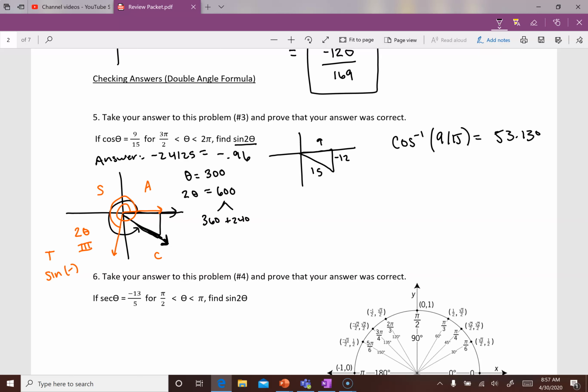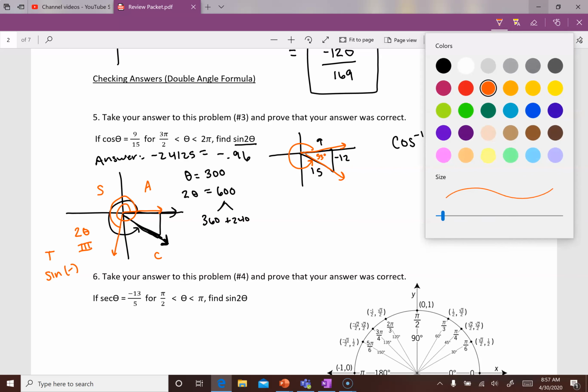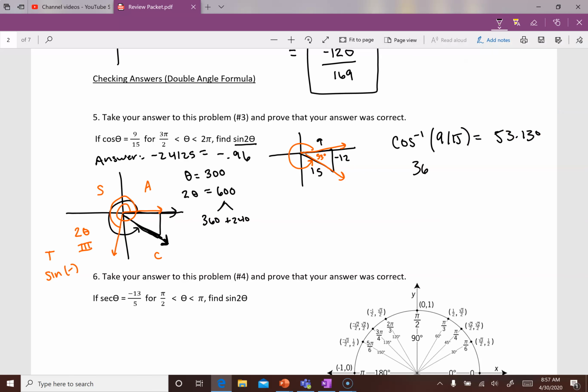And if you look at our original angle, what we have here is starting here and going to here. I want to know what that angle is right there. Well, my 53 degrees is actually right here. So to get what my orange angle is, I'm going to do 360 minus that.